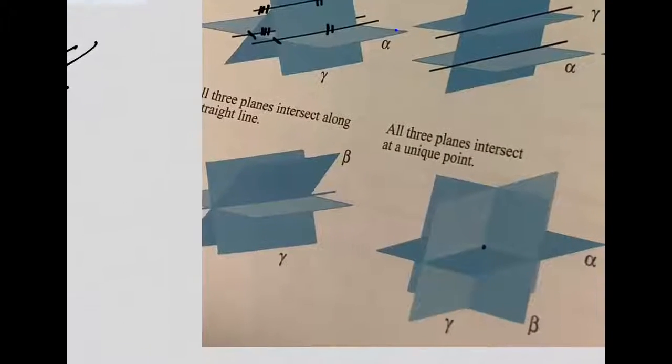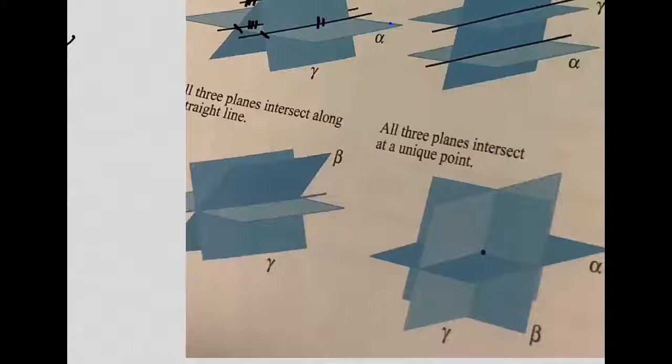Or all 3 planes intersect along a straight line this way. All 3 planes intersect at a unique point when they are perpendicular to each other. Then we have one unique solution for these 3 unknowns.